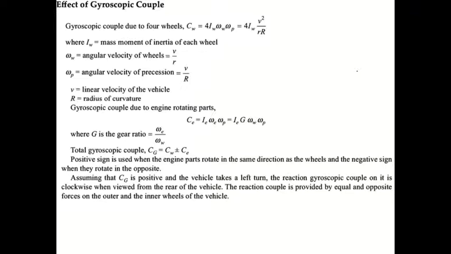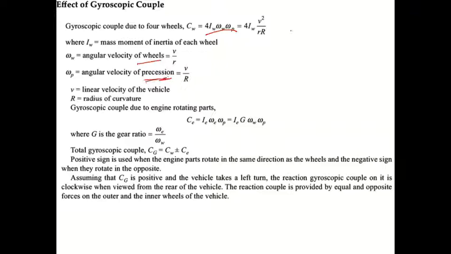So here we have the four wheels. In each wheel there will be a gyroscopic couple, and that couple is 4Iω_wω_p. ω_w means angular velocity of the wheels. ω_p means angular velocity of the precession.